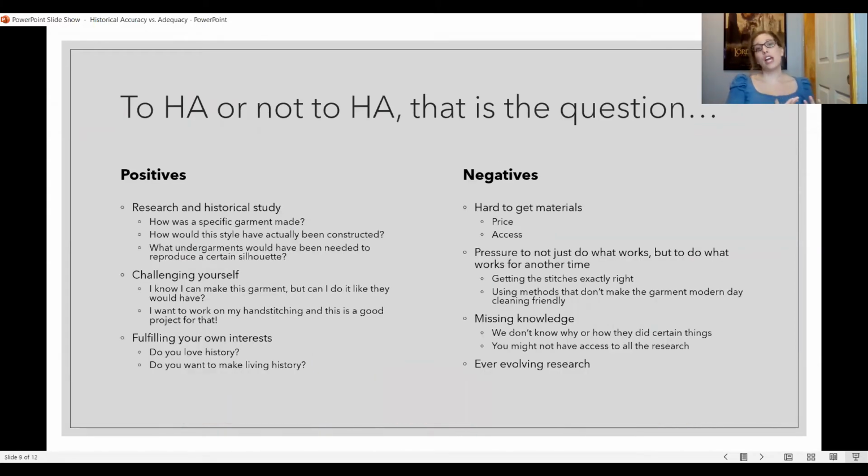To be historically accurate or not, that is the question. Now, there are positives and negatives. I think we've all kind of realized through the way I've talked about this that historical accuracy is a far reach. I'm not going to say it's impossible.